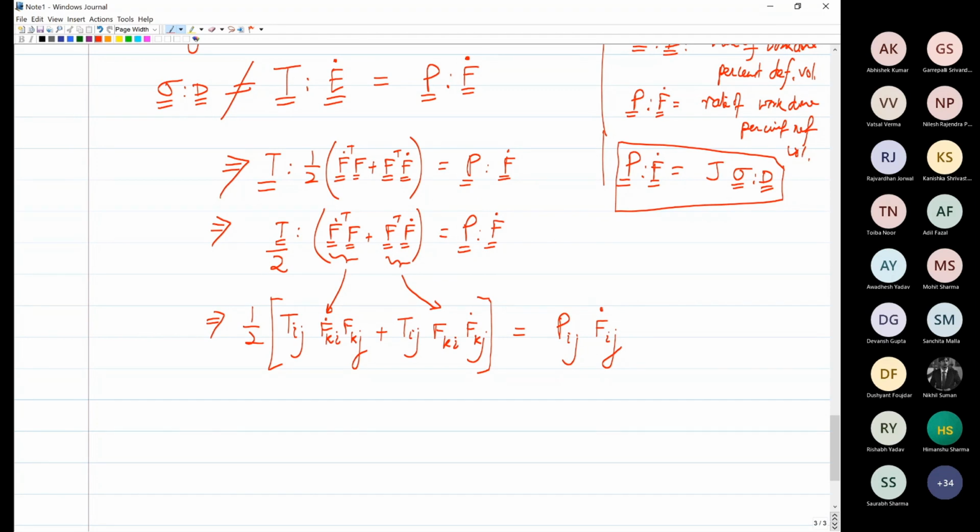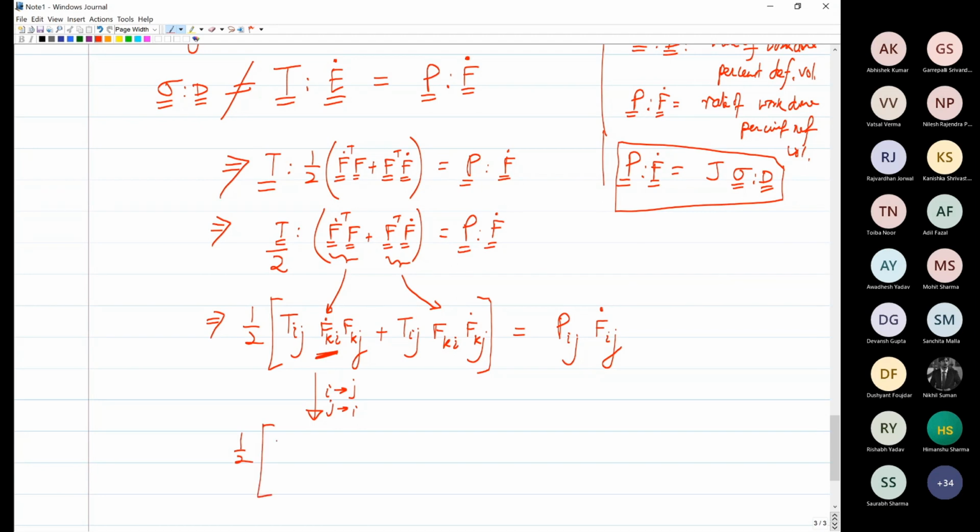So we have to take F dot outside on the LHS. So how can we do that? F dot outside, and it should be common to both of them. So here, for example, you have this F dot_ki. Can I change the index i to j? Okay, let me change the, okay, we can't change i to j because j is already there. But if we change i to j, we can change j to i. So here, what I'm going to do is change i to j and j to i.